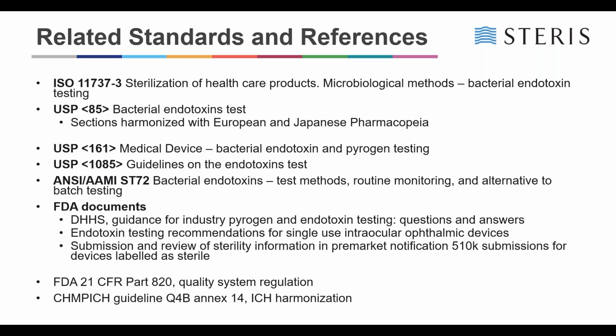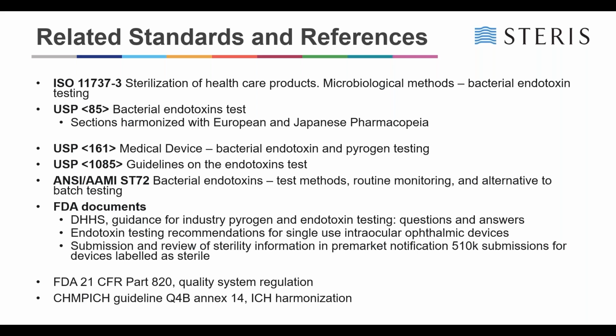So here on this slide, we have our related standards and references. The first one there, the ISO 11737-3. It was newly published in 2023 and shares many alignments with the ANSI/AAMI Standard 72 and details requirements for the bacterial endotoxin testing.